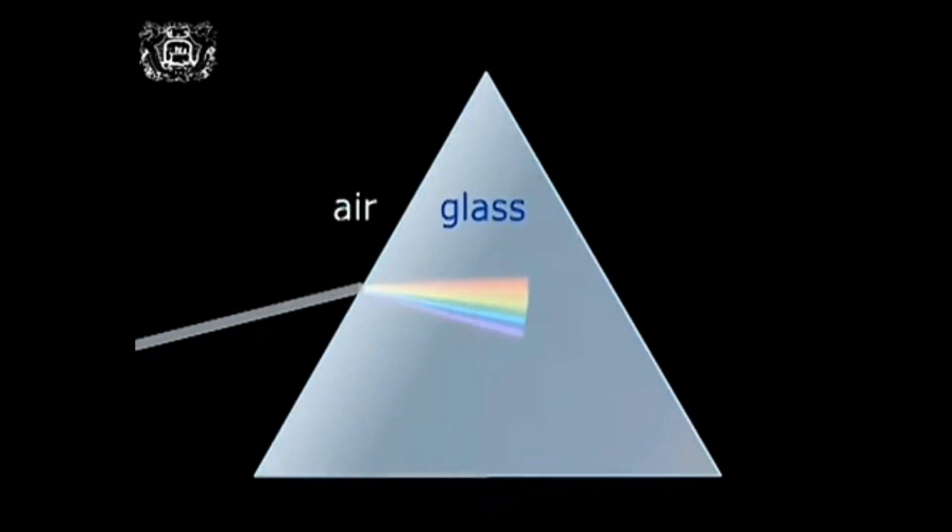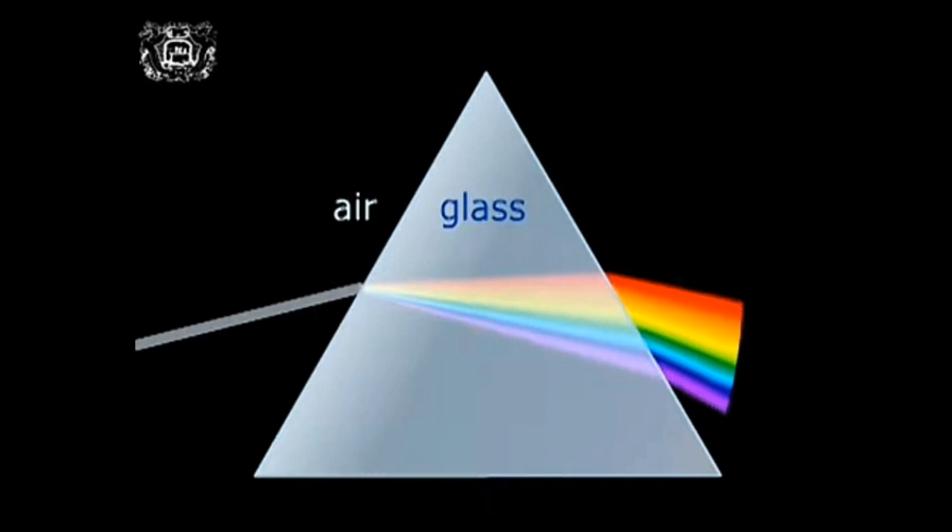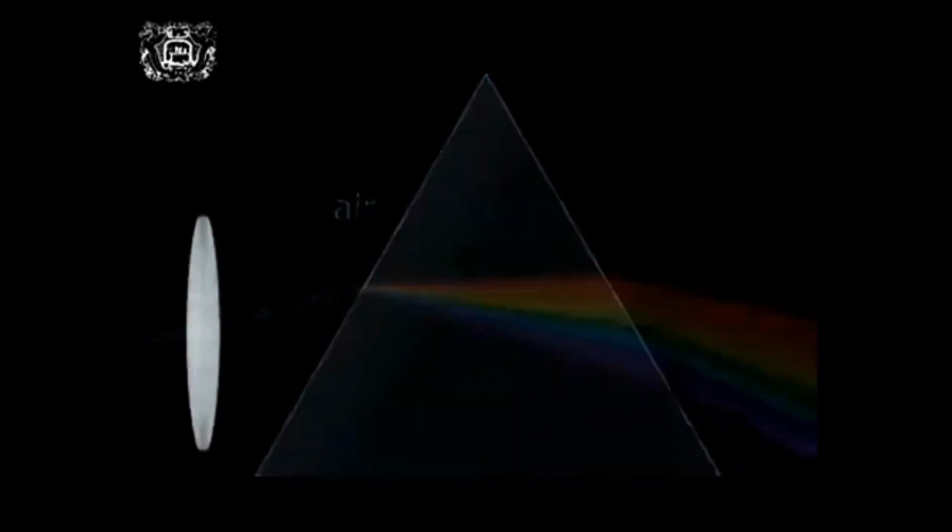A ray of light traversing the surface separating two mediums of different density is refracted, that is, deviated. But light is composed of various colors, and the angle at which the colors are refracted differs for each of them.